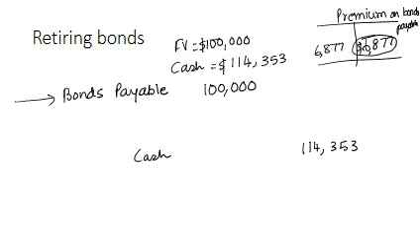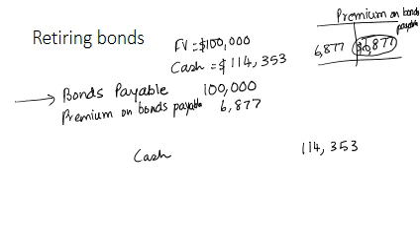So therefore, we have to debit premium on bonds payable for 6,877.